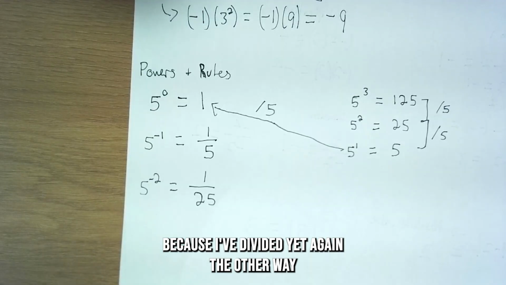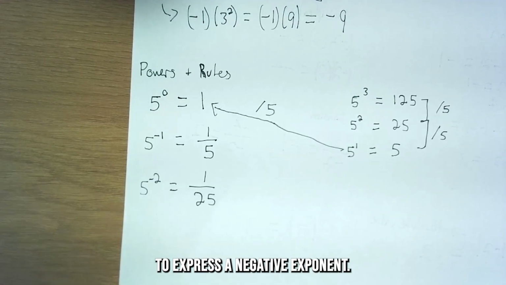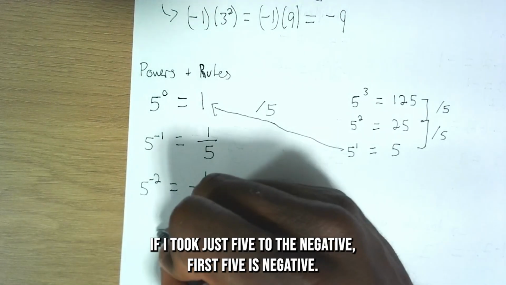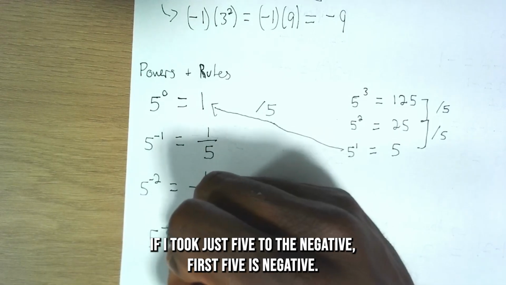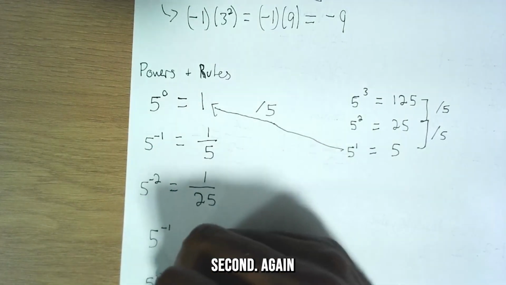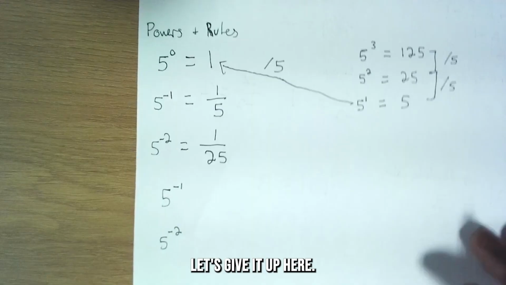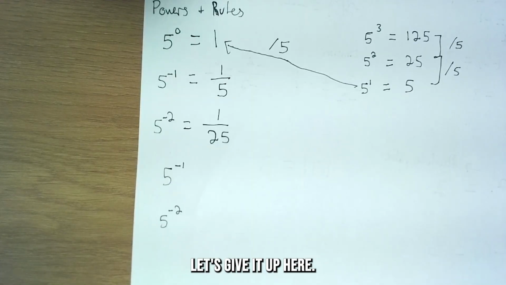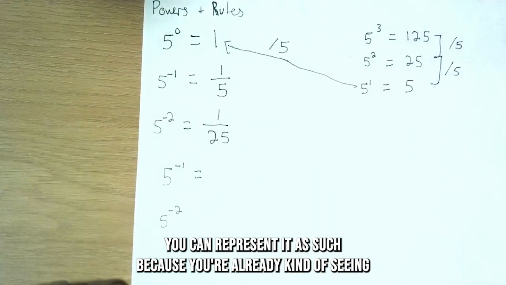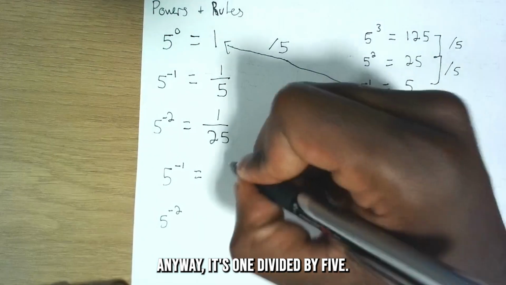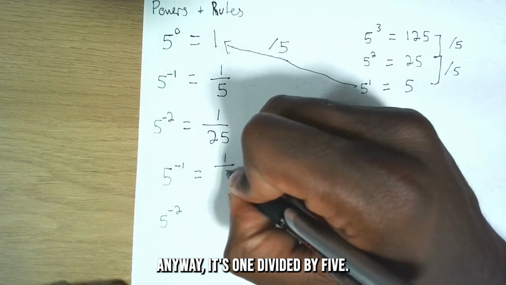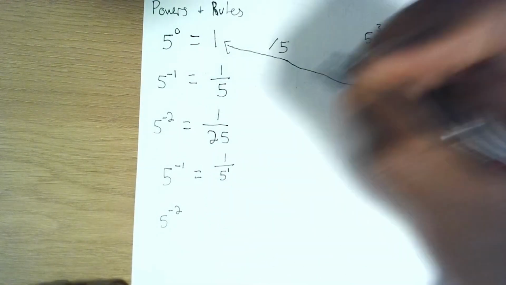The other way to express a negative exponent, if I took just 5 to the negative first and 5 to the negative second again, let's scoot up here. You can represent it as such because you're already kind of seeing it anyway. It's 1 divided by 5.